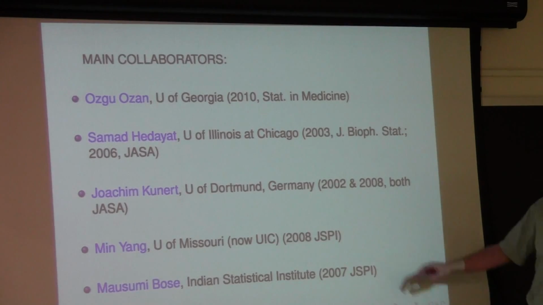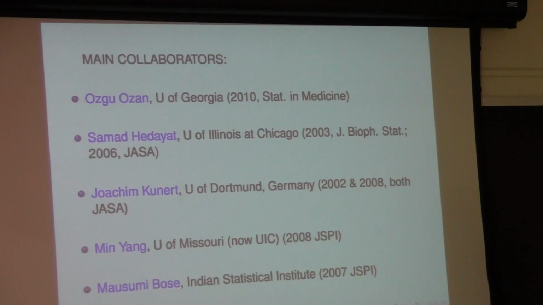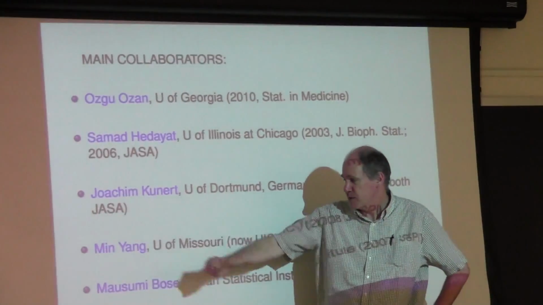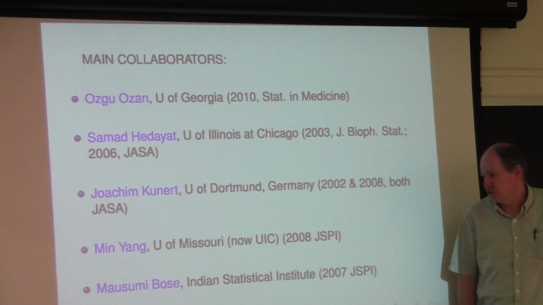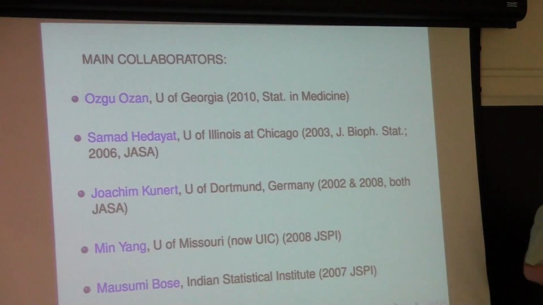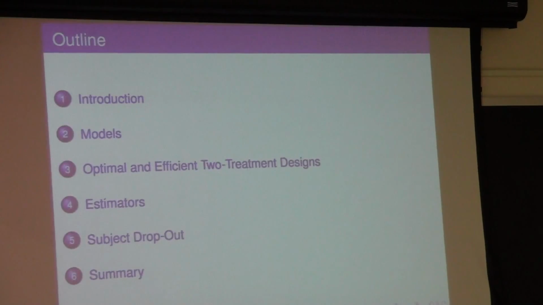There will be some results of these two papers, which are published in the Journal of the American Statistical Association with Joachim Koenert from the University of Dortmund. If you were at my talk yesterday, the main collaborator on that topic was Mei Yang, and I also worked with him on crossover designs. And then I have a paper that I'll talk briefly about today with Masumi Bose on a particular model for analyzing data from crossover experiments.